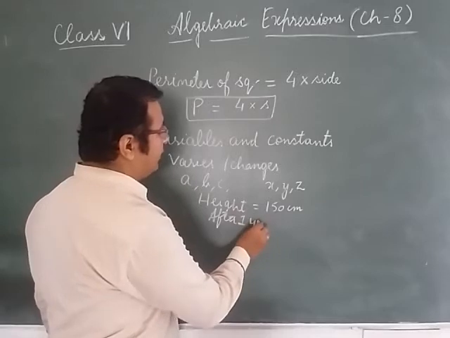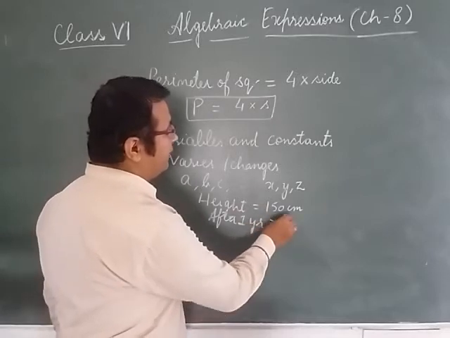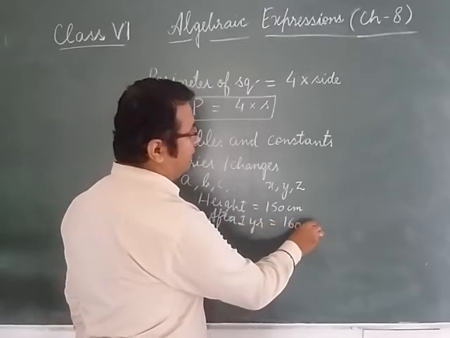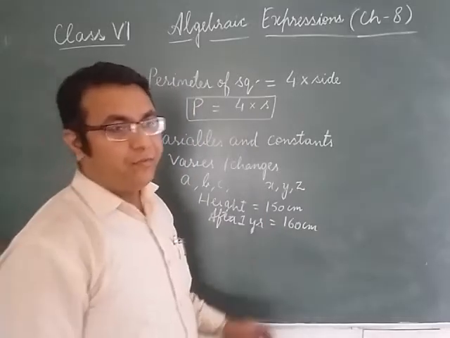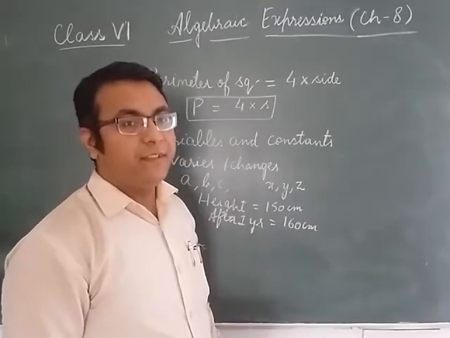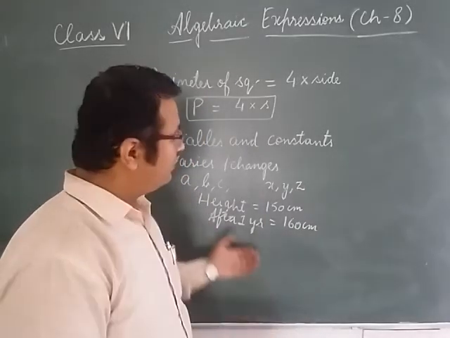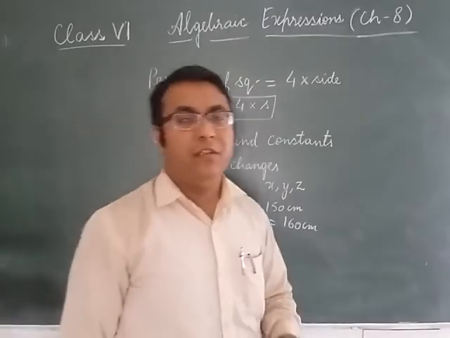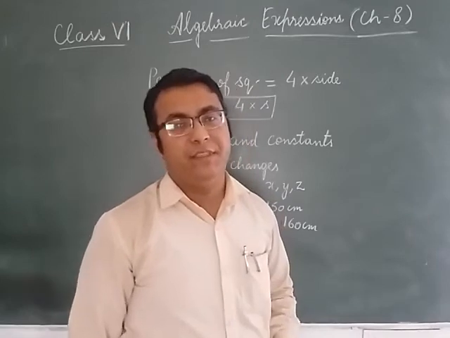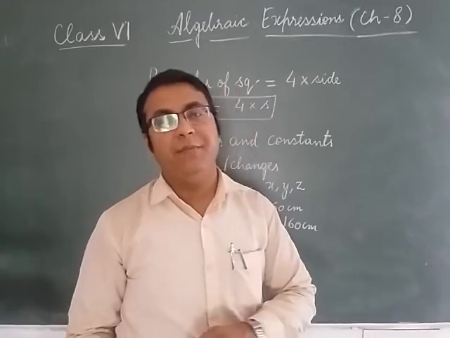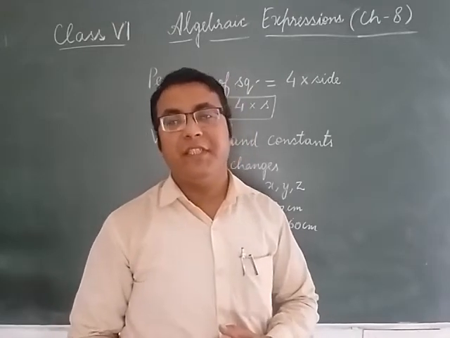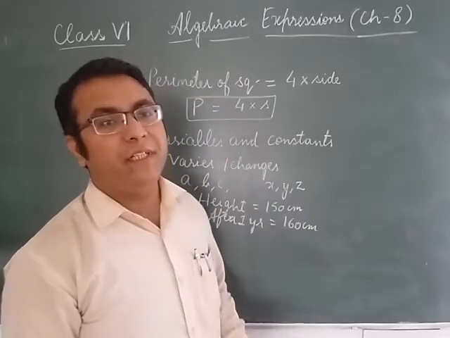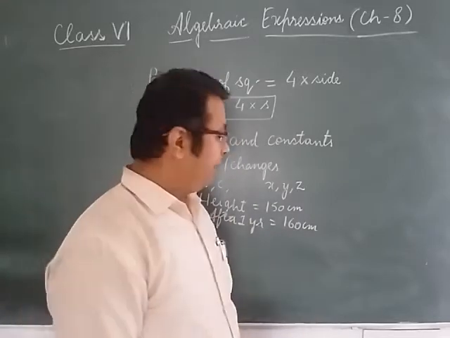So let's say after 1 year your height becomes 160 centimeter. So it will change. So we can call height a variable. Your weight, right now suppose your weight is 35 kg. But after some time either it may increase or decrease. So height and weight are examples of variables.